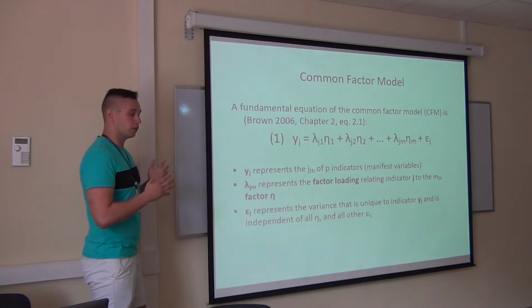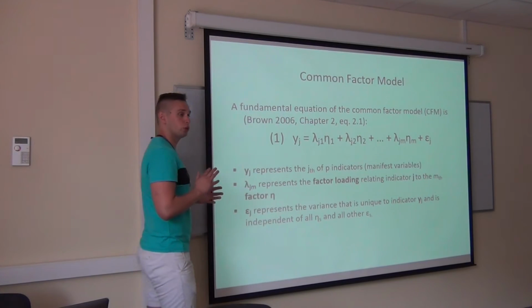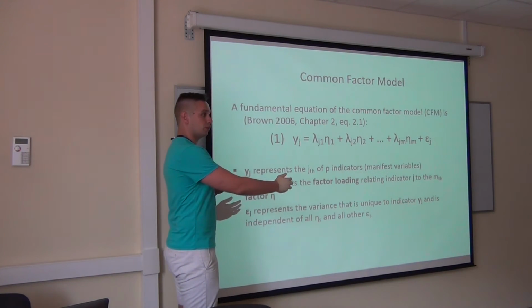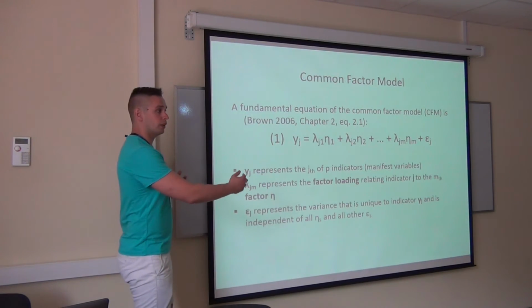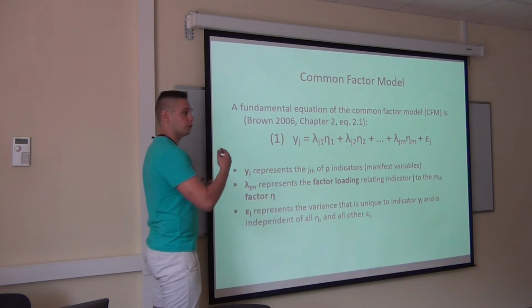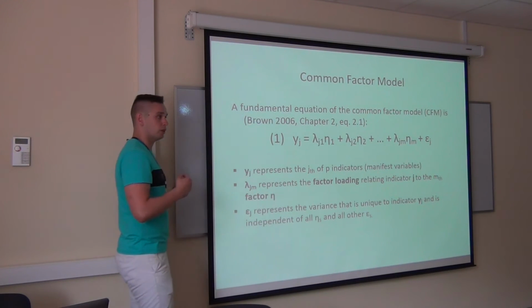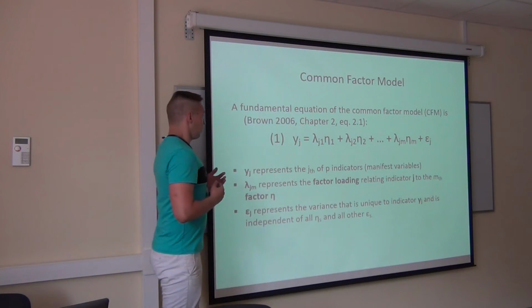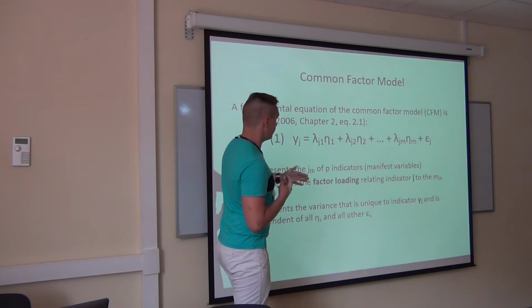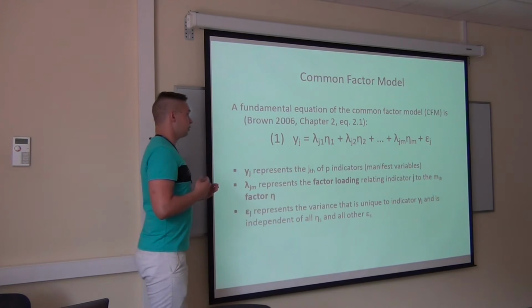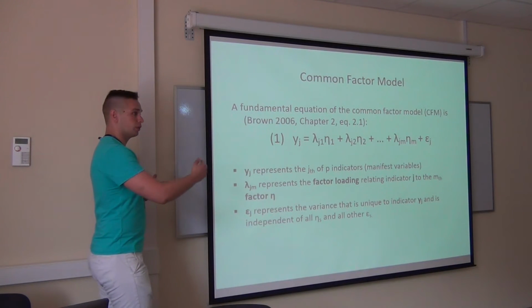For example, using our example of religiosity, believing in God is the first indicator, believing in hell is the second indicator, frequency of praying is the third indicator, frequency of church attendance is the fourth indicator, and so on. And another index, 1, 2, 3, and so on, is the index for latent variables.